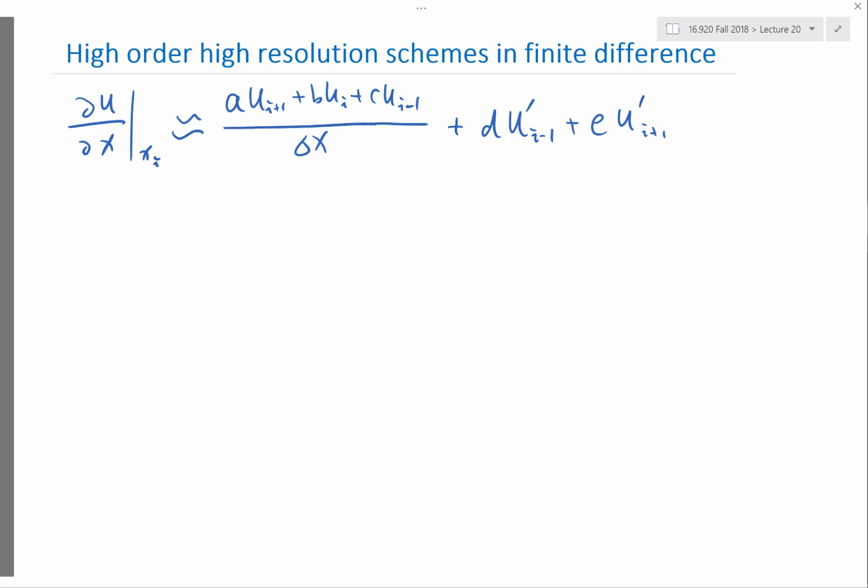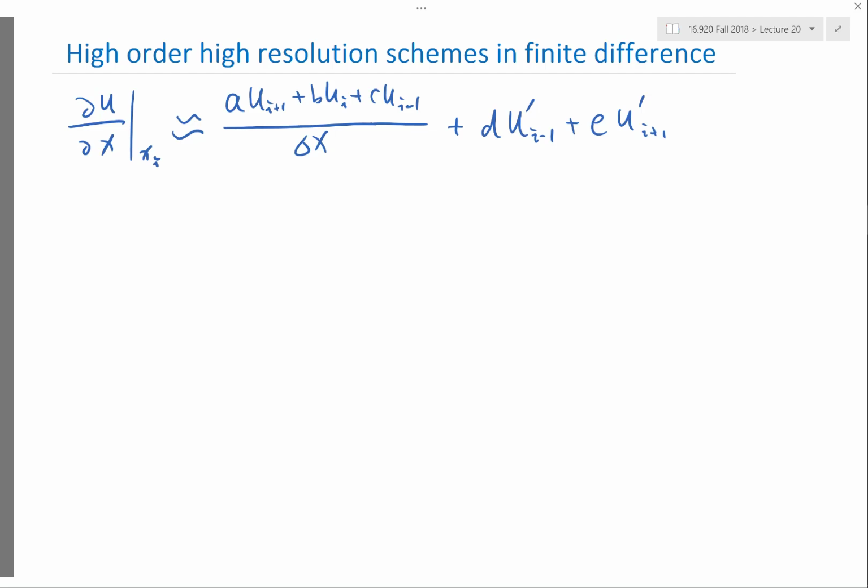Now that's interesting. The first question is, how do I actually use that scheme? We now have a numerical scheme where we want to approximate the first order derivative, but to evaluate the scheme, I have to know the first order derivative to start with, right?